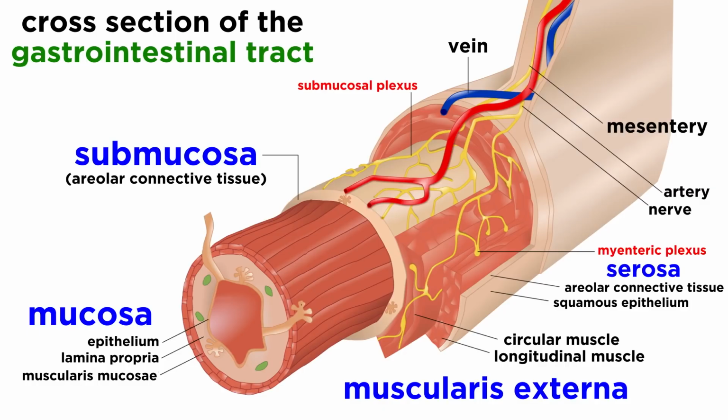We should also note the intrinsic nerve plexuses, which are the submucosal nerve plexus in the submucosa and the myenteric nerve plexus in the muscularis externa. These allow for communication all along the GI tract and regulate digestive system activity.